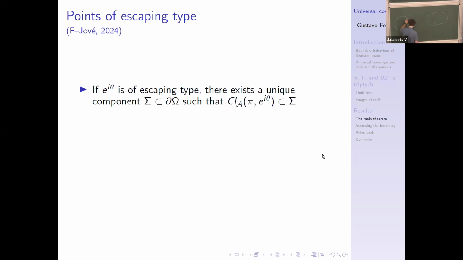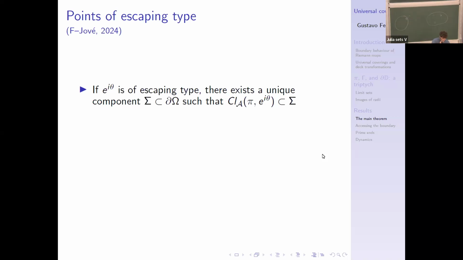And if I take this guy and it is of escaping type, then there exists one of these components, let's say this one, such that anything that happens non-tangentially here is going to be contained very close to this boundary component, right?